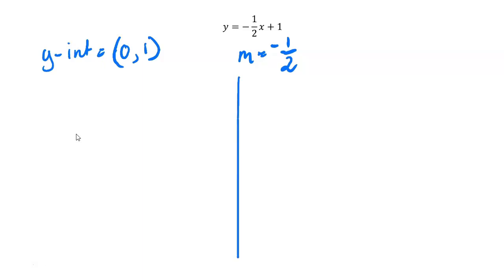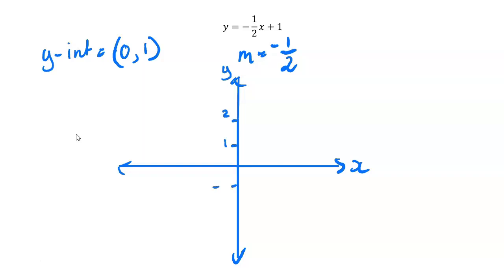So let's sketch this up. Y, x, okay. 2, 1, negative 1, 2, 1, 2, 1, 2, negative.